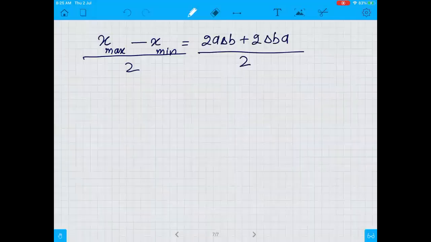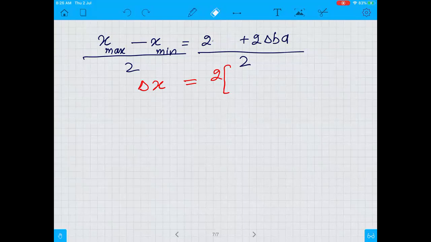Now the left hand side will become delta x, uncertainty in x, and on the right hand side you can take 2 common. It would become delta AB plus delta B A, whole divided by 2.